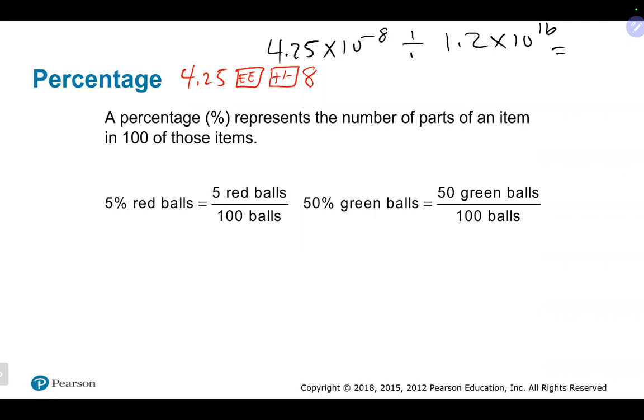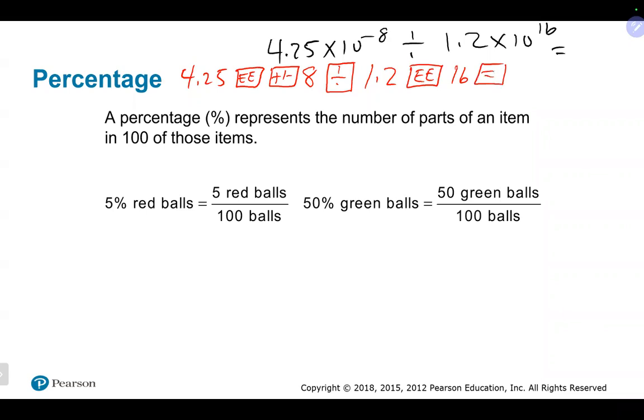And if you have that other calculator, at the end you should put parentheses around 4.25 exponent -8, hit the little circle on the right, close your parentheses. We then would hit our divide button. We would go 1.2 one more time with the exponent button. In this case, our exponent's actually positive, so we don't need the negative. So all we have to do is hit 16 and our equals button.